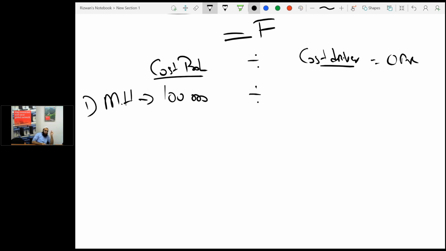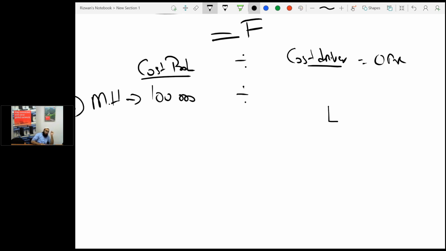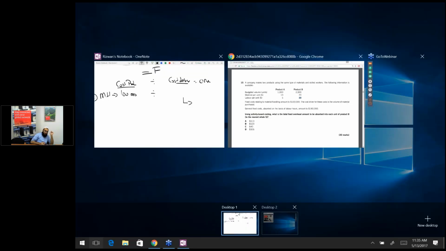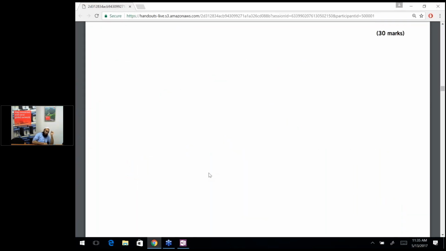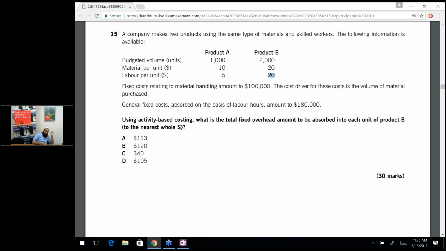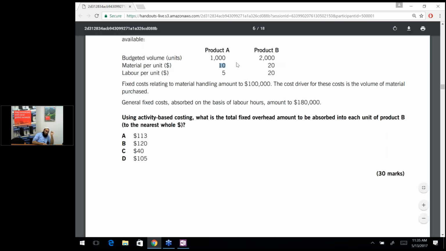So what you need to do is work out the purchase cost of material. And how will you do it? It's quite simple. Product A, 1,000 units, B 2,000 units. Per unit cost for A is 10, per unit cost for B is 20.